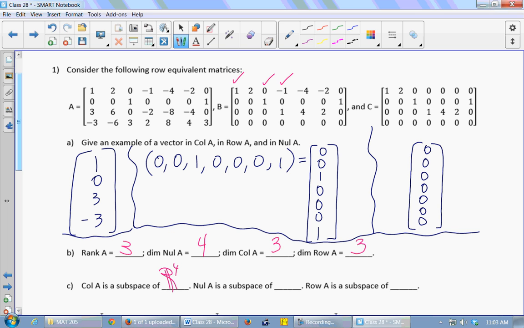Null of A is a subspace of what? R7. Like, here's one entry from the null space. It was 0, 0, 0, 0, 0, 0, 0. 7 entries. Any vector in the null space, that's a vector that gets sent to 0, right? So it has to be in R7.